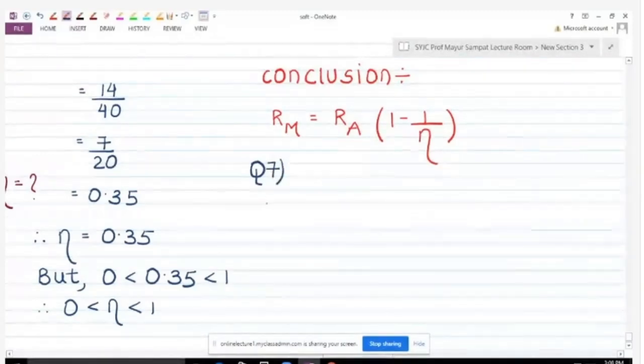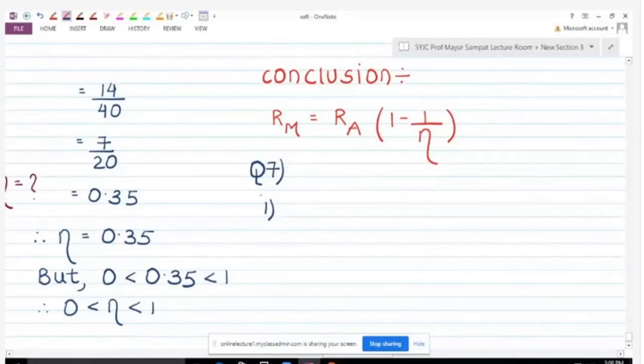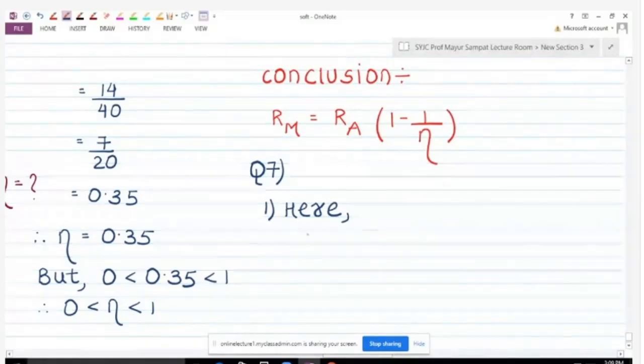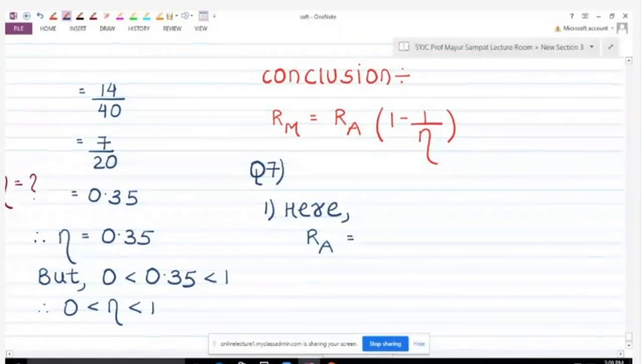So, question number 7, first sum: find the marginal revenue if the average revenue is 45 and the elasticity of demand is 5. Here average revenue is 45.